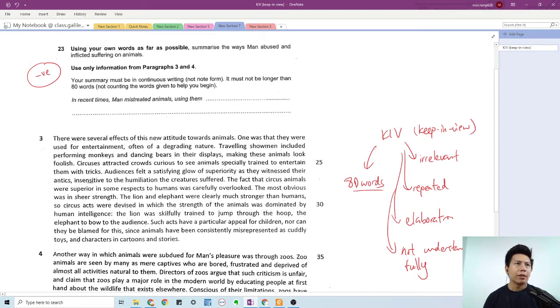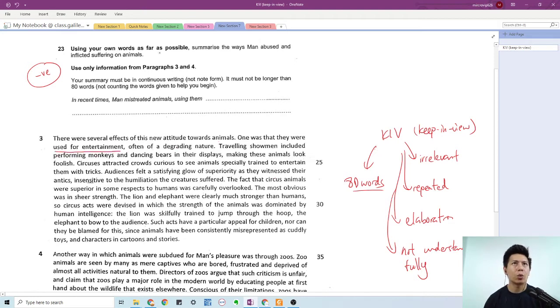Now let's start with this line. There were several effects of this new attitude towards animals. There is nothing negative over here. Let's move on. One was that they were used for entertainment. Nothing too negative, often of a degrading nature. They were used for entertainment.